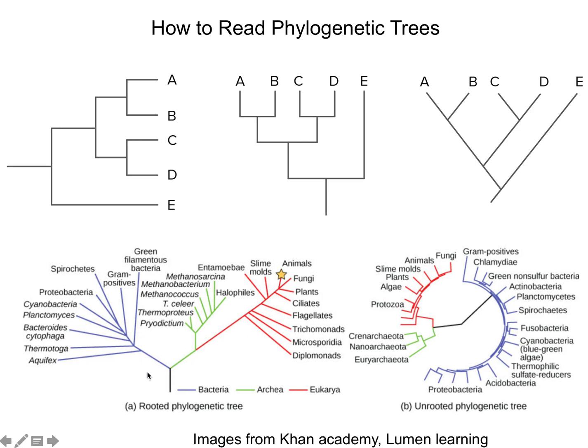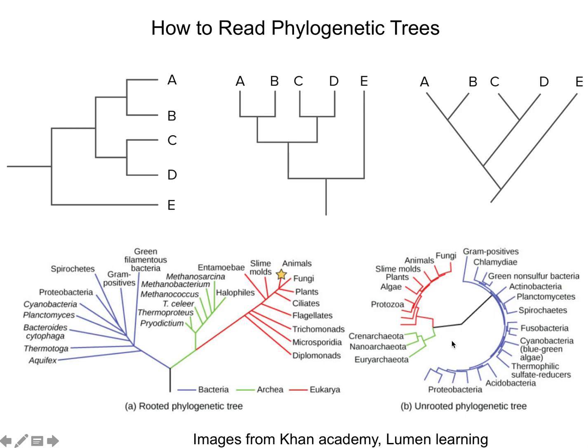When you get into more complicated trees, they do some other graphic tricks just to try to fit everybody on the page in one figure. They draw it in a circular shape, but the idea is pretty much the same.